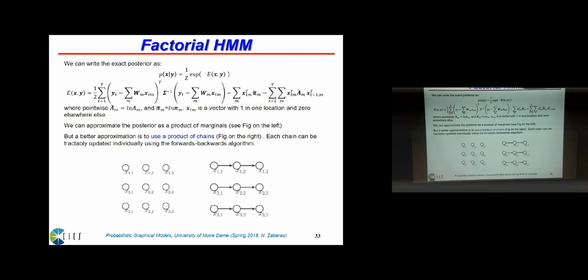Can you think of some sort of idea that somehow we would be able to do forward and backward message passing on each chain, but account for the average effect of all the other chains? That's what a mean field approximation is. Each chain does whatever it does, but under the average influence of all the other chains.